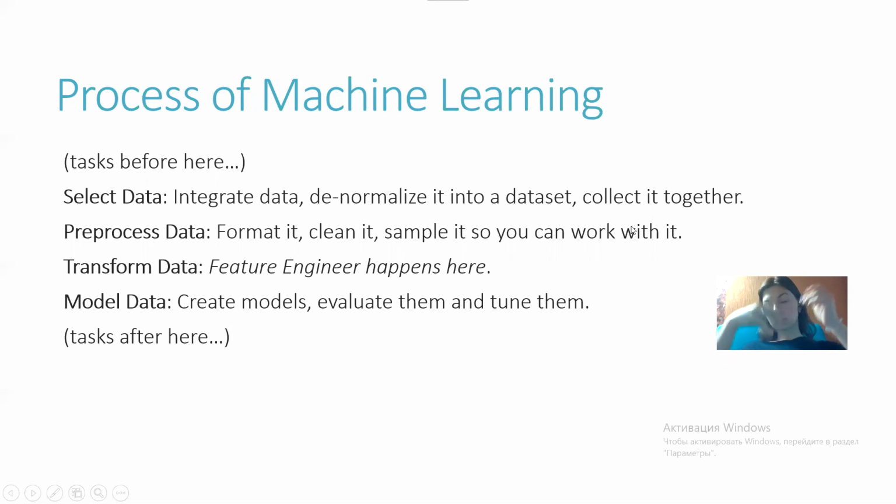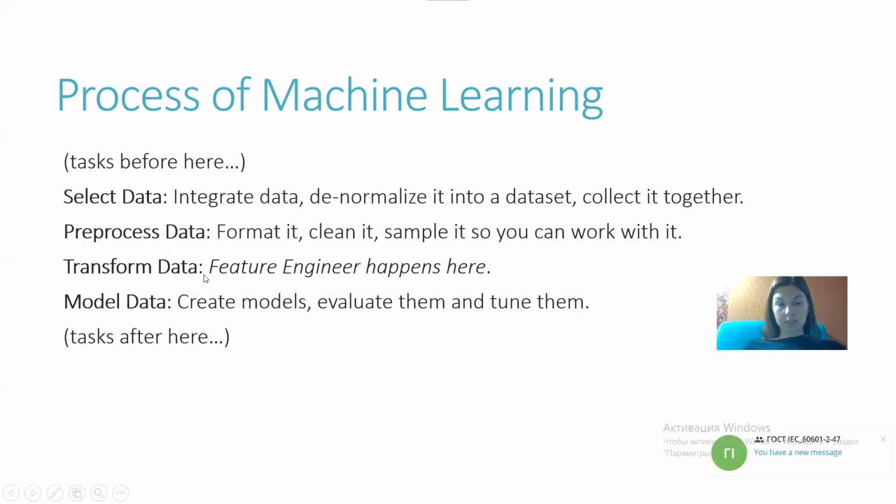So you collect your data from several sources, from several storages into one big data set. You pre-process your data, you format it, clean it, delete some wrong observations, sample it so you can work with it. So you prepare your data set for future analysis.